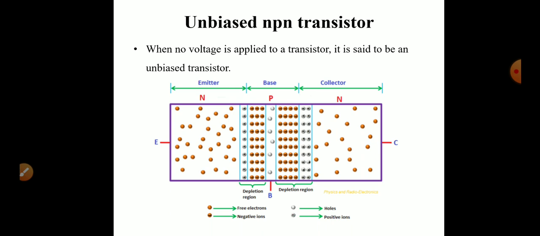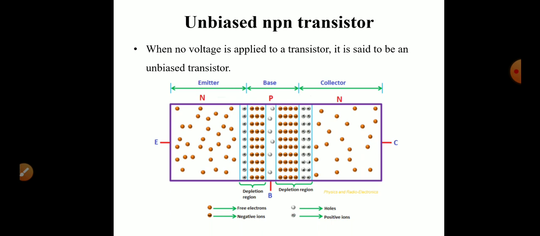The junction formed between the emitter and base we call the emitter base junction. Similarly, the junction formed between the base and collector we call the base collector junction. In the emitter base junction, the depletion region penetrates less into the emitter due to the heavy doping, while it penetrates somewhat more into the base region.